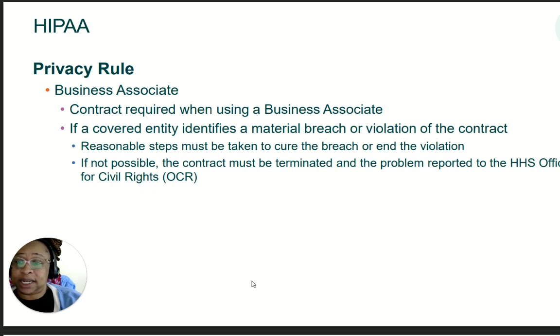If a covered entity identifies a material breach or a violation of the contract, reasonable steps must be taken to cure the breach or end the violation. If that is not possible, the contract must be terminated and the problem reported to the HHS Office for Civil Rights.